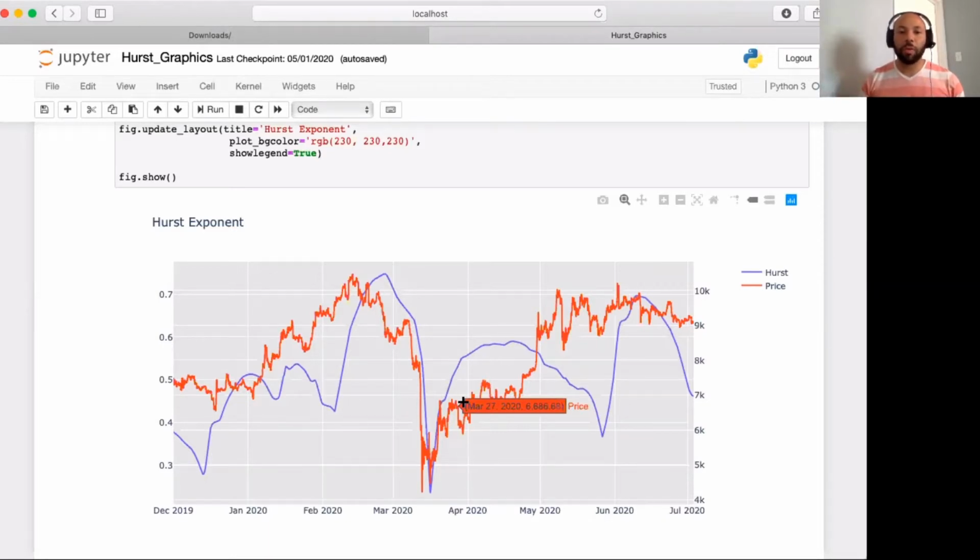or not. So the scale is between 0 and 1 for the Hurst exponent, with 0.5 being a random walk market, anything above 0.5 being a trending market, and anything beneath 0.5 being a mean reverting market.